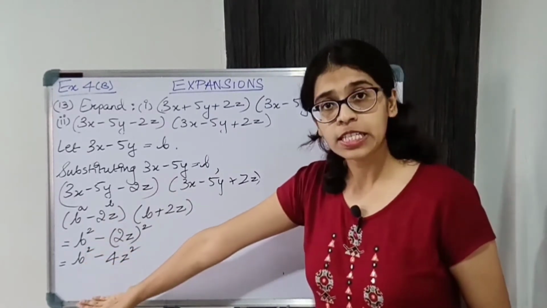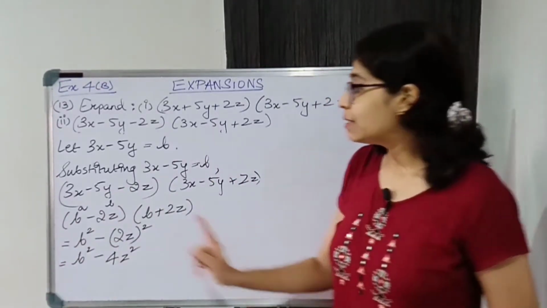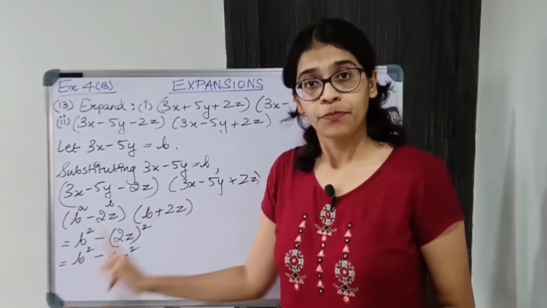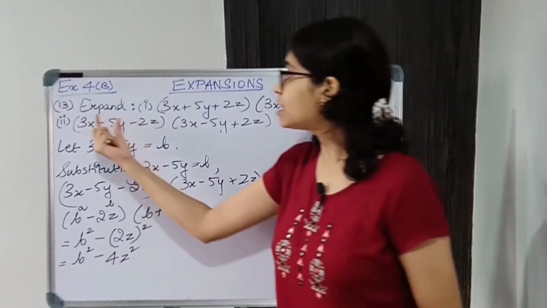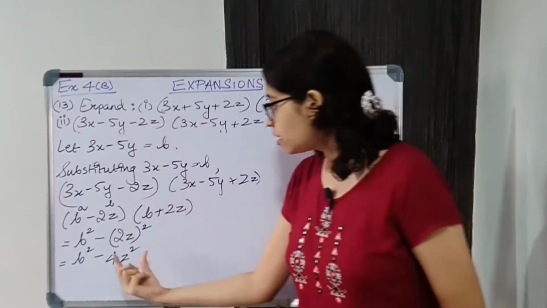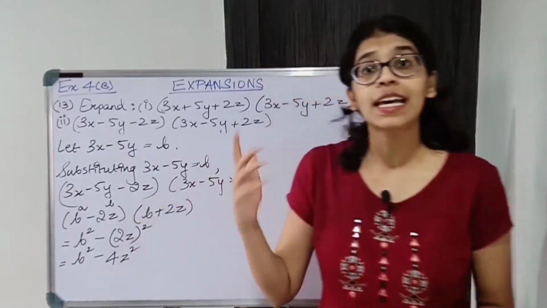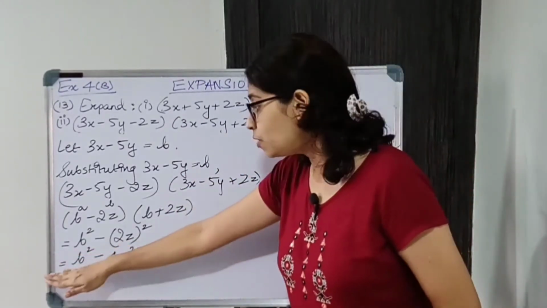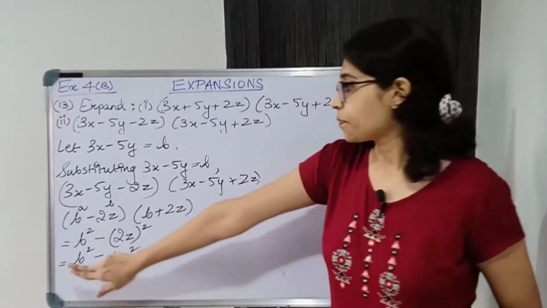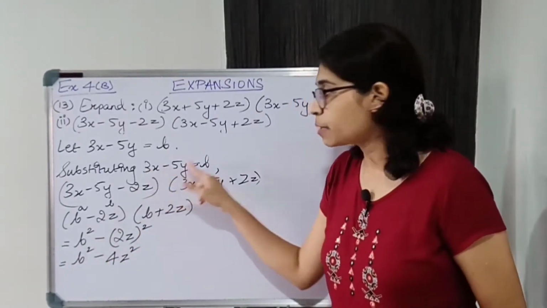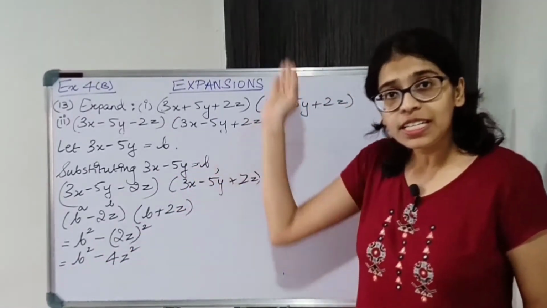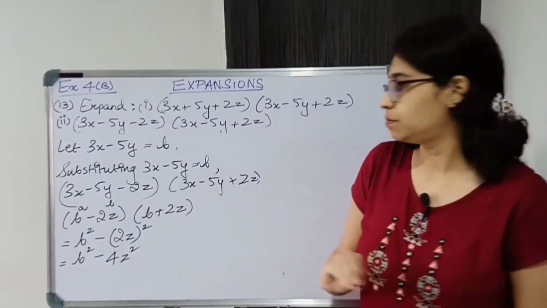So we got this. Now this is not in original form. In original form there is 3x, 5y, 2z. We have z over here, but where is x and y? So what we will do, we will resubstitute. B is nothing but 3x minus 5y. So we'll resubstitute the value of b.